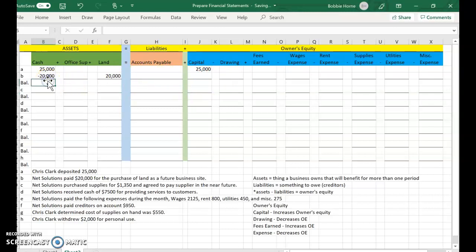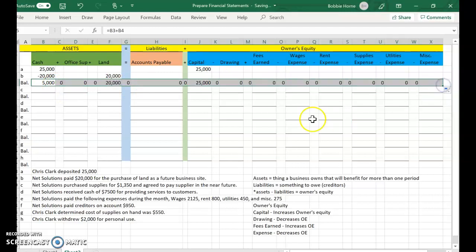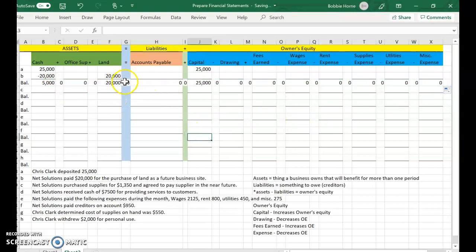So basically the owner's equity is not changing because we're trading one asset for another. One asset's going down, one asset is going up by the same amount. So now let's get the net effect of this, and then we'll just copy this all the way over, and all of these accounts have 0 balances.